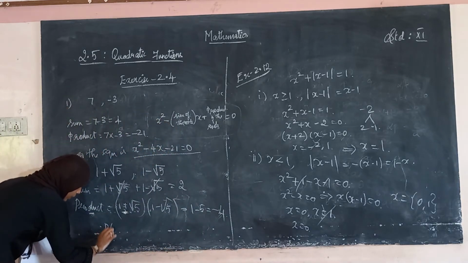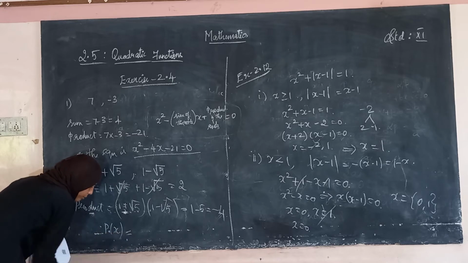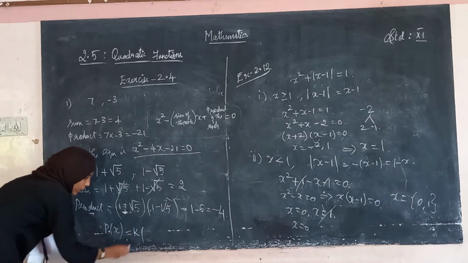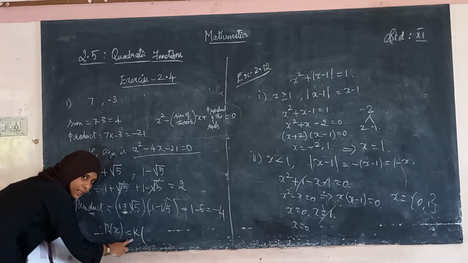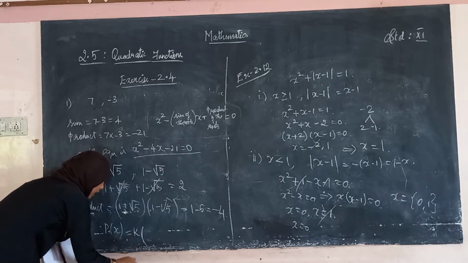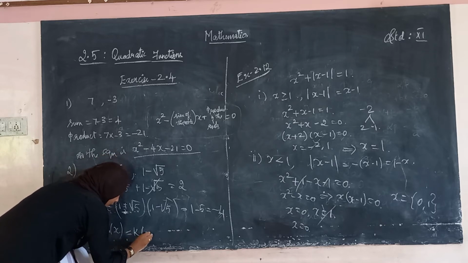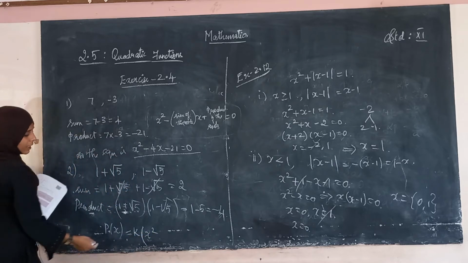So, the polynomial equation p of x. Since it is a polynomial, it must contain a constant element k into x squared.